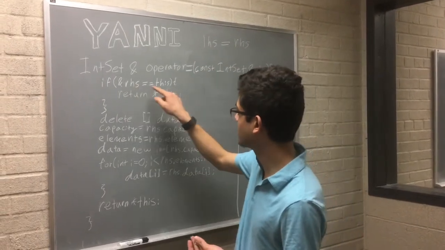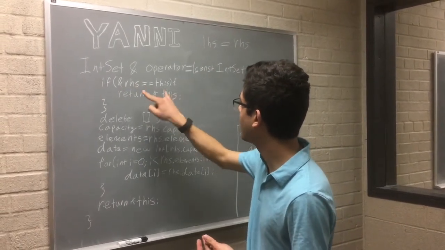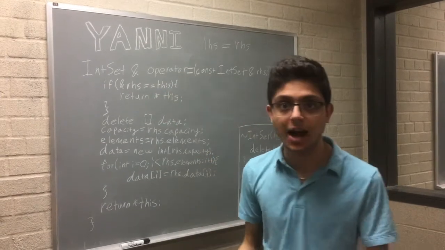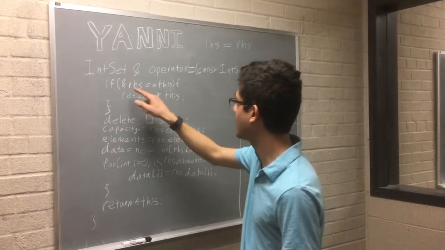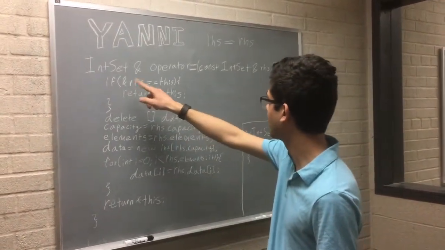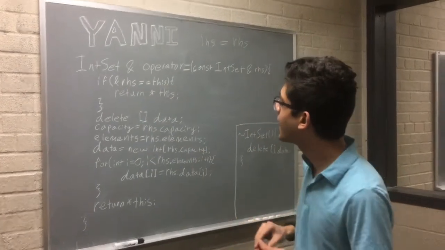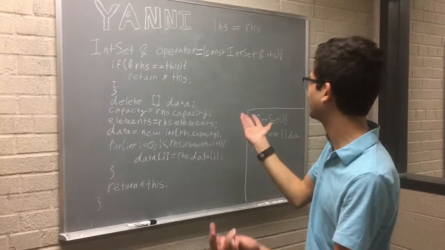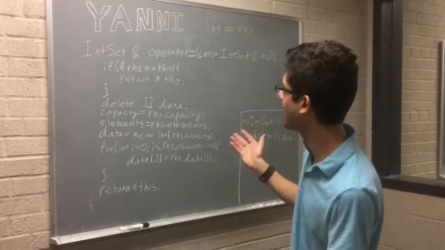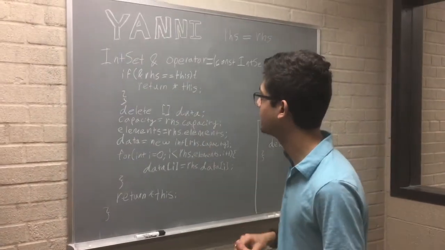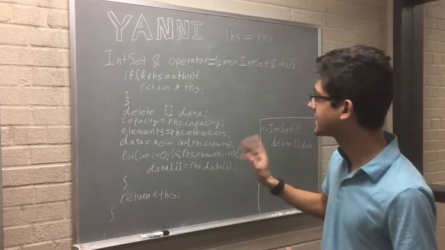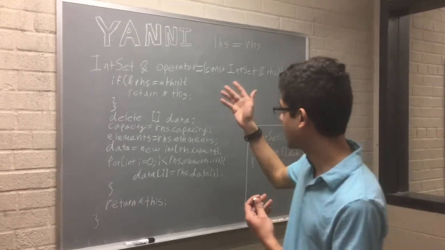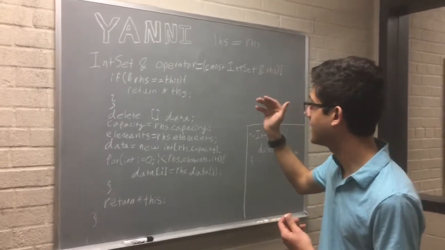So we do a quick check between this, the current object flowing through our class, and a reference to the right-hand side. And if they're the same, there's no use in doing any sort of copying, so we return.